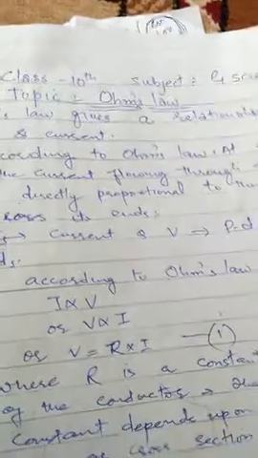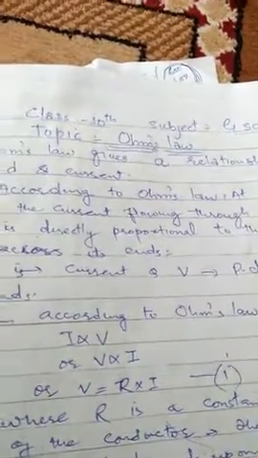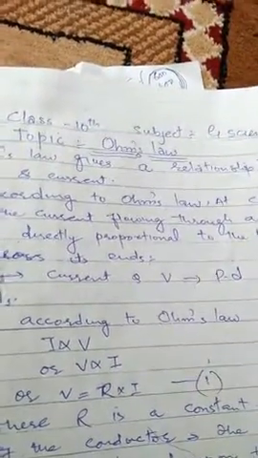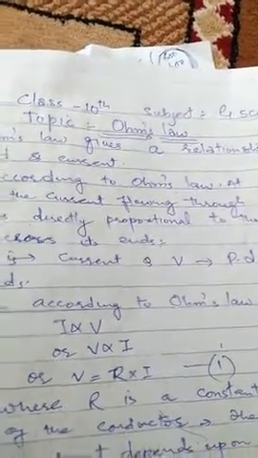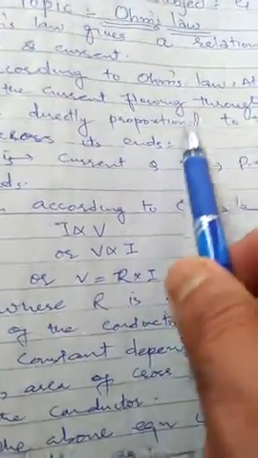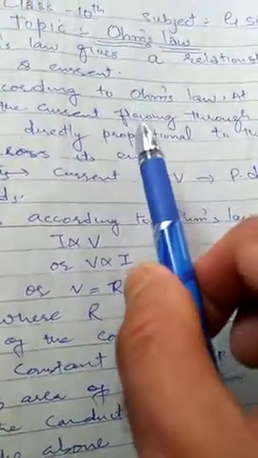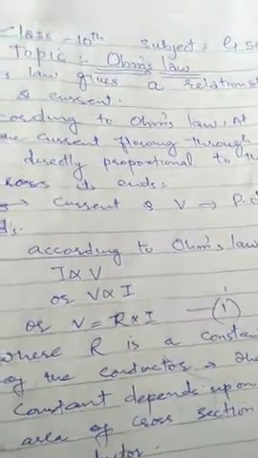So we have seen that it is the potential difference between the ends of a conductor which makes the electric current flow, which makes the flow of electric charges through a conductor. The current flowing through a conductor directly depends upon the potential difference across its ends.